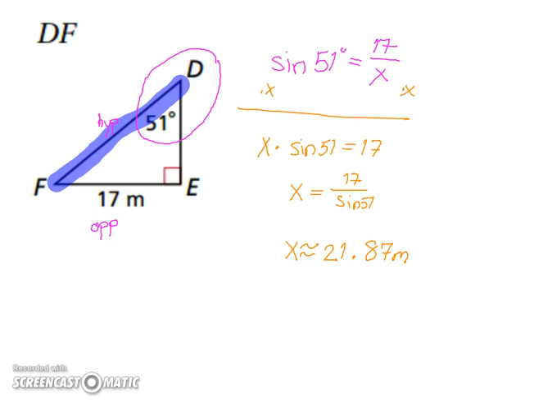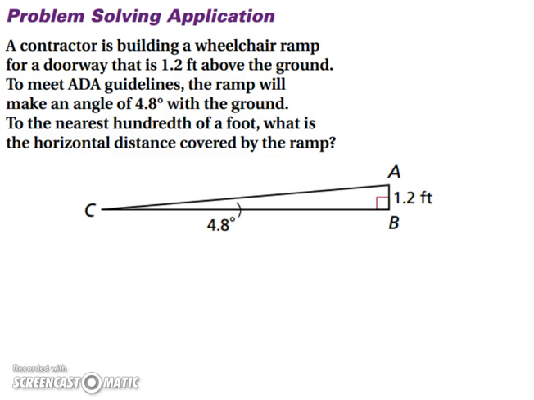Let's try a real-world application. A contractor is building a wheelchair ramp for a doorway that is 1.2 feet above the ground. To meet ADA guidelines, the ramp will make a 4.8 degree angle with the ground. To the nearest hundredth of a foot, what is the horizontal distance covered by the ramp?